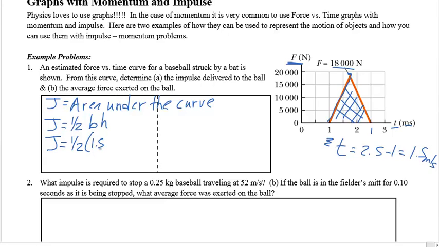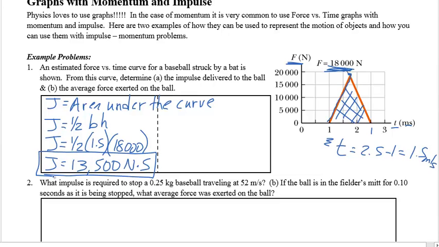So 1.5 seconds, and the height is given to us as 18,000. Solving for that, we get 13,500 newton-seconds. So the impulse that was applied was 13,500 newton-seconds.